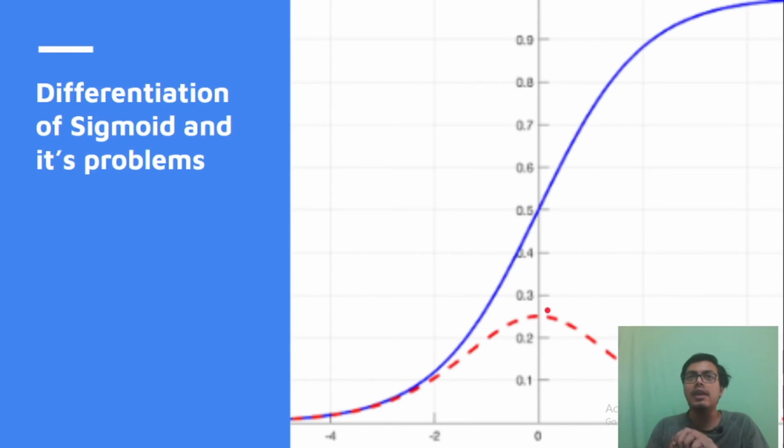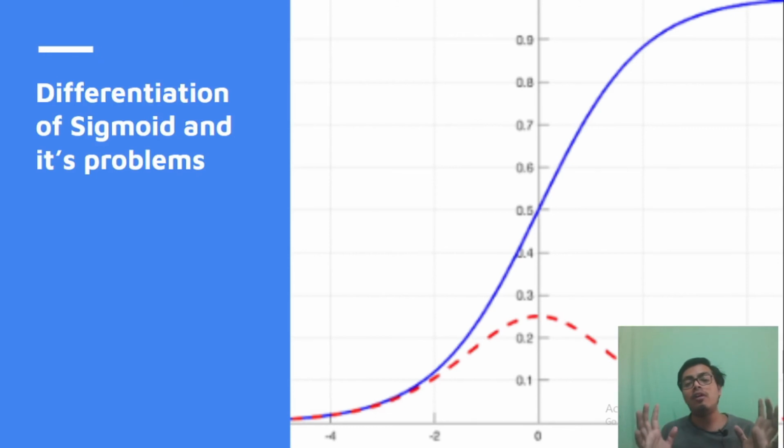Now what happens is, in backpropagation, whenever you want to update your weights, we do partial differentiation of our activation functions with respect to our weights. Now, if the derivative of the sigmoid is at most 0.25, and we continuously use sigmoid in layers, the value will keep decreasing, and ultimately the gradient would vanish.